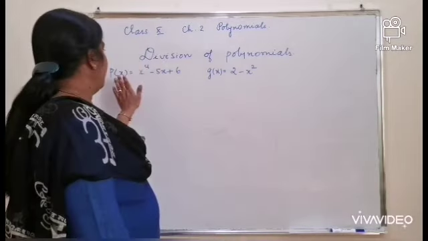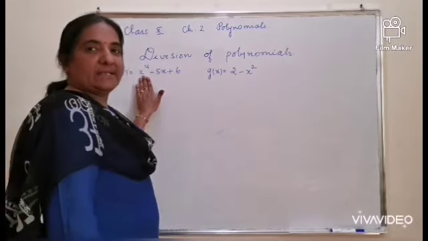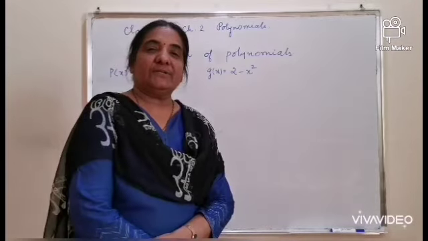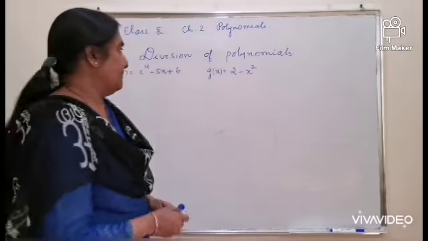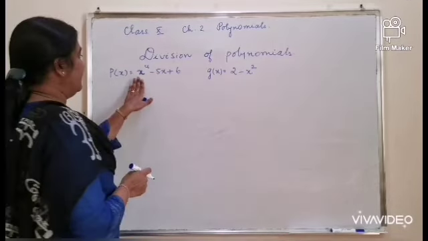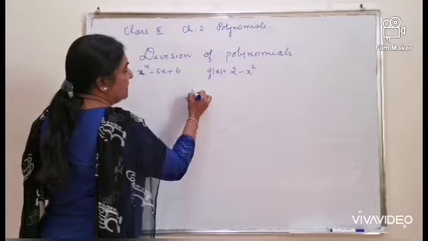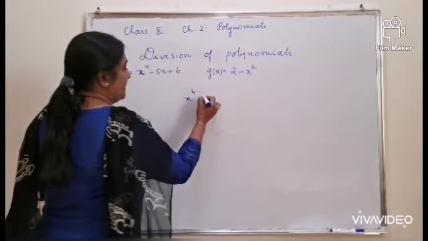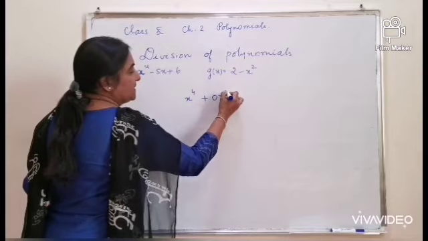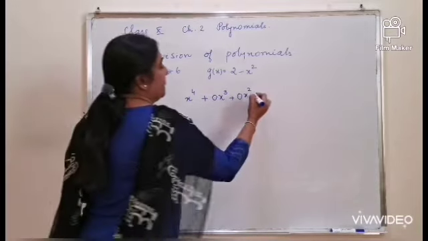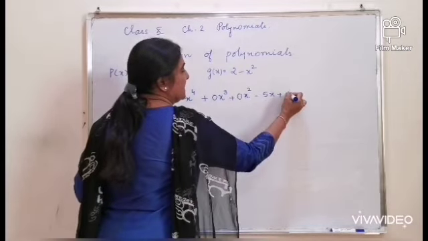The example: P of x is equal to x raised to 4 minus 5x plus 6. G of x is equal to 2 minus x squared. Arranging the dividend with all the powers of x: x raised to 4 plus 0x cube plus 0x square minus 5x plus 6.